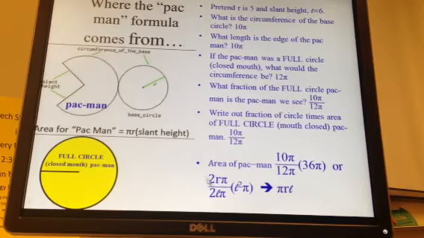Or if you think about that, what we had was 2r pi, that was our original r. We had 2l pi, that was our l. We happen to use 5 and 6 for our numbers, but it works out the same, so that works out to pi r l. Those cancel. It's 10/12 times 36 pi. But that's where that comes from: no matter what numbers I plug in, I'll have some canceling going on.